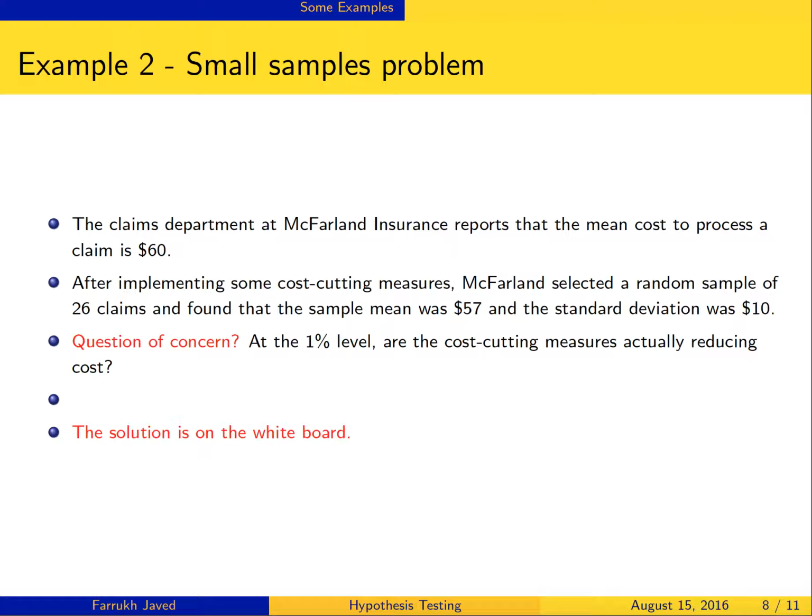Remember, the population mean was $60, since we were talking about a general claim from that company. But once we sampled the data of 26 claims, we noticed that the mean was 57 and the standard deviation was 10. The question is: at the 1% level, alpha equals 0.01, are the cost-cutting measures actually reducing cost or not?